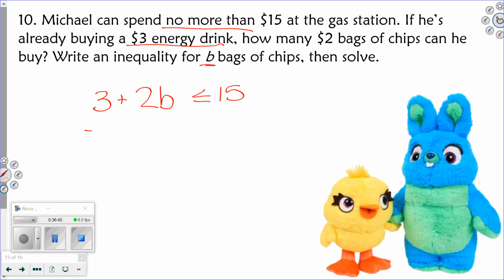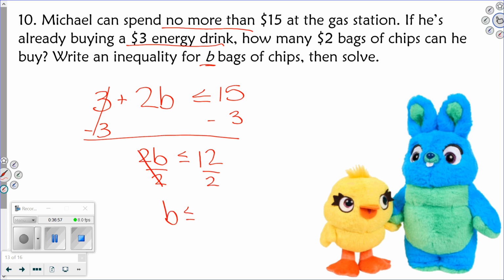So solving this, we'll subtract 3. 2B is less than or equal to 12. Divide by 2. B is less than or equal to 6. So how many bags of chips can he buy? 6 or less. So he can buy 6 or less bags of chips.